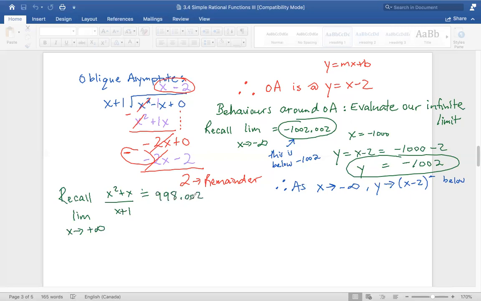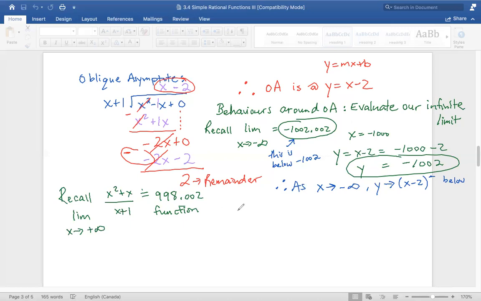So that's why it's important to write out as many decimals as you can and not cut it off at 998. So my function itself is at 998.002. Let's look at what the oblique asymptote is at.